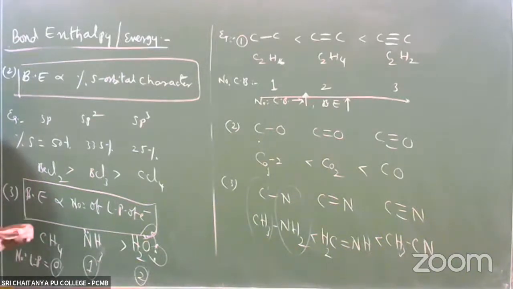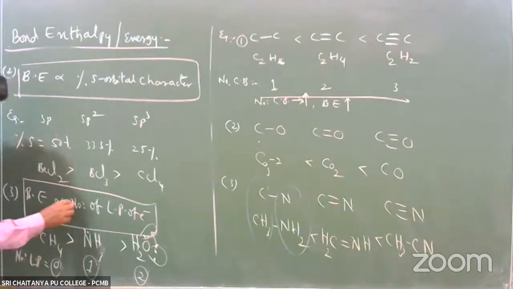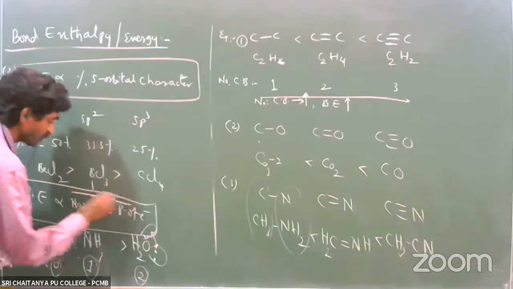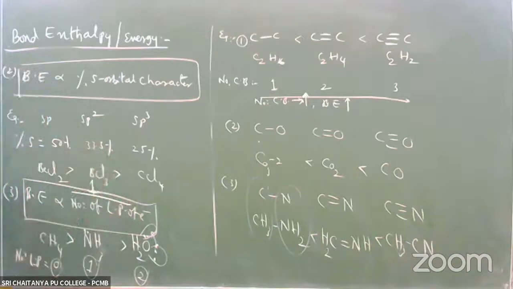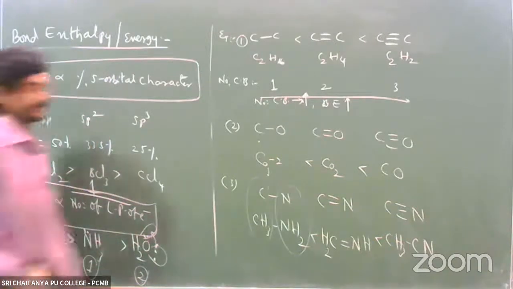The valence electrons participating in bond formation get attracted, and then a strong bond is formed. So the bond energy is inversely proportional to the number of lone pairs. No lone pairs, bond energy more. More lone pairs, bond energy less.